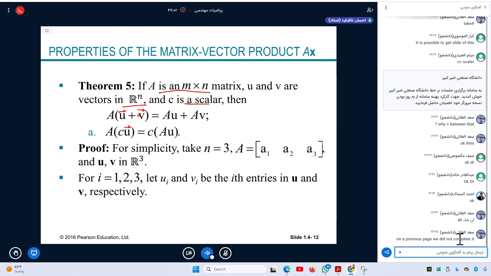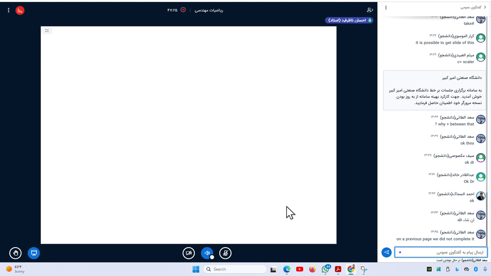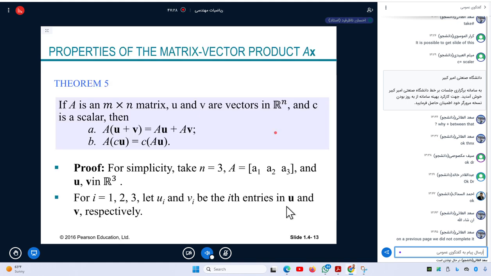So A times (u plus v) is equal to Au plus Av, and A times cu equals c times Au. Very easy. You can easily prove that this holds. So this is theorem number 5: formally, A(u+v) equals Au plus Av, and A(cu) equals c(Au).